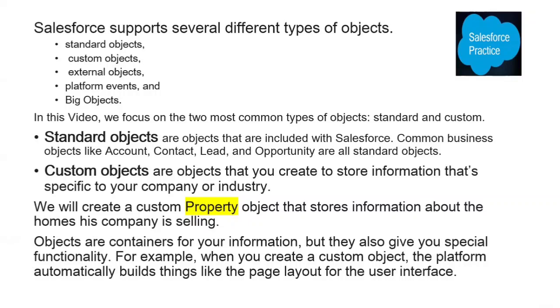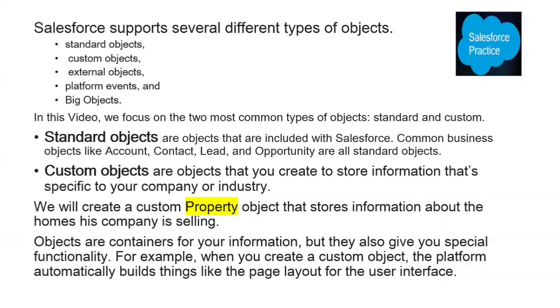Second one, custom object. Custom objects are those objects that are created to store information that's specific to your company or industry. If you have some data that we need to store in Salesforce and we are not getting a similar object, we need to create a custom object to store that data. So we can create a new custom object also.